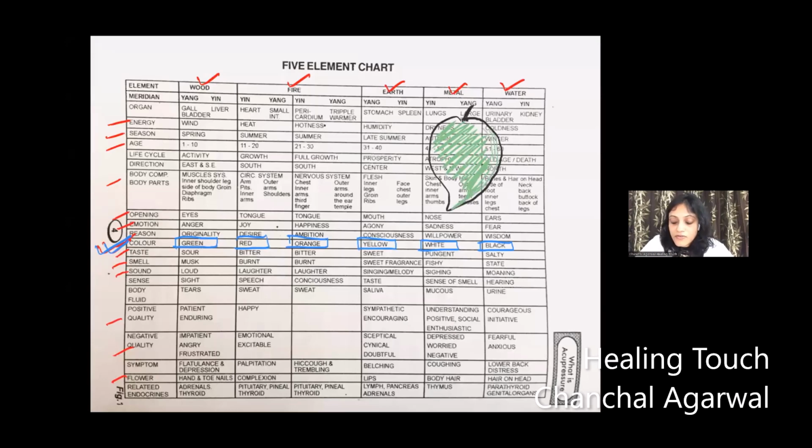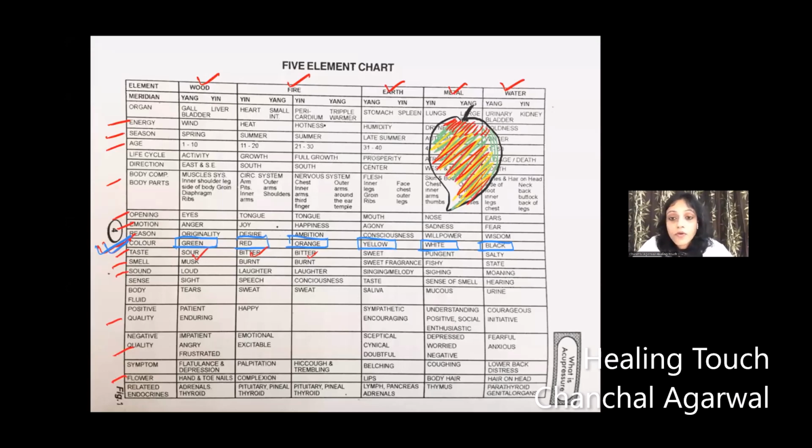When it starts ripening, what happens to the fruit? It starts turning reddish. So that is the next stage. The first is green, then red. What is the next color? Orange, when it is starting to ripen.